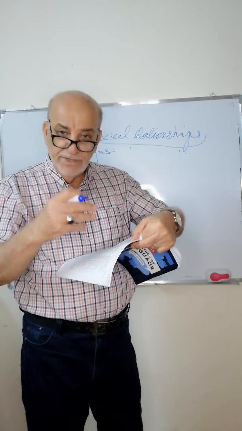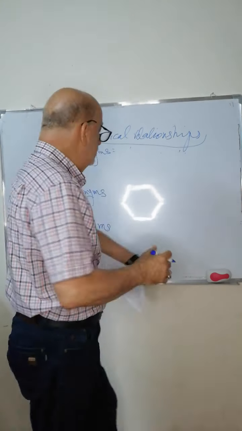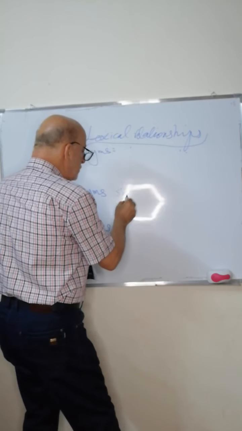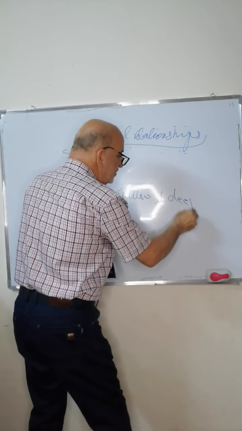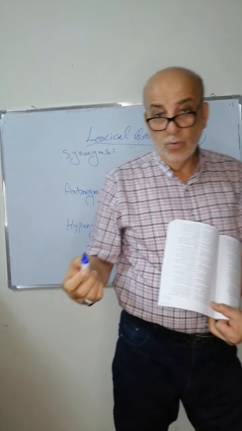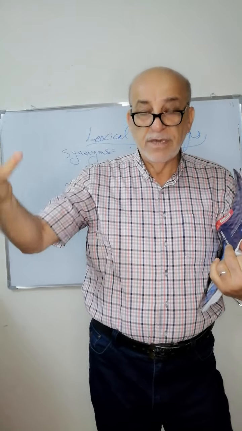For example, shallow. Shallow is the opposite of what? Deep. What's the meaning of ضحل? Shallow water, you tell me deep.